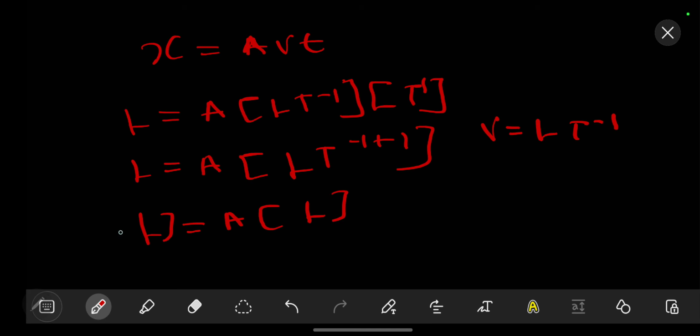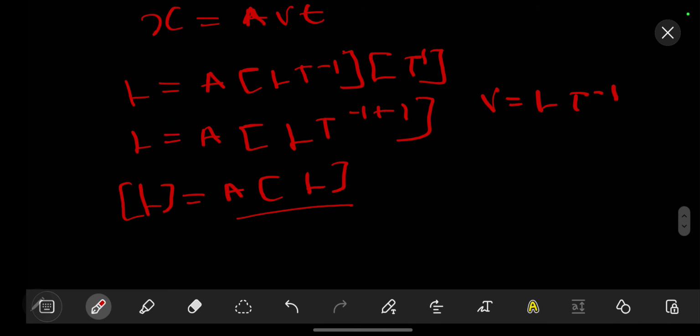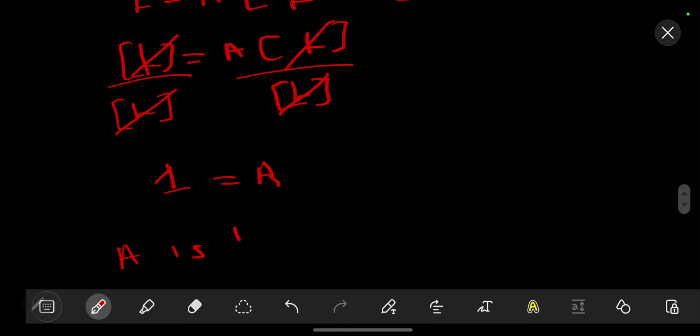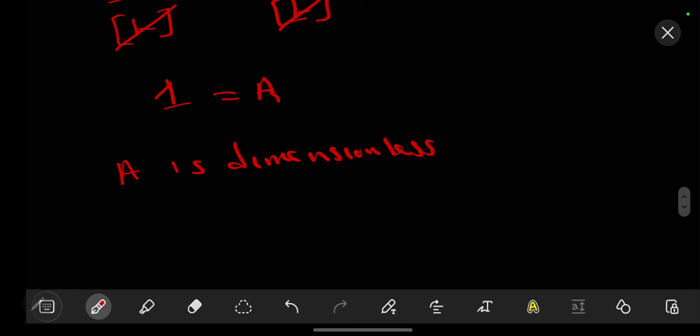Then we are going to divide over our L to leave A alone, over our L like that. So when we do this, we are going to divide. Now what we are getting is A1. 1 should be equal to A. What does this tell you? It means that A is dimensionless. So that is the way it is. So we have found our values.